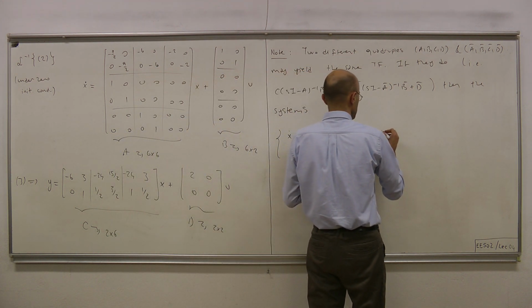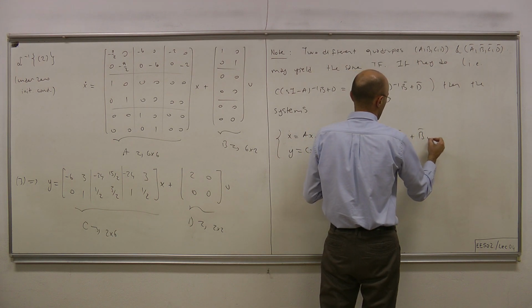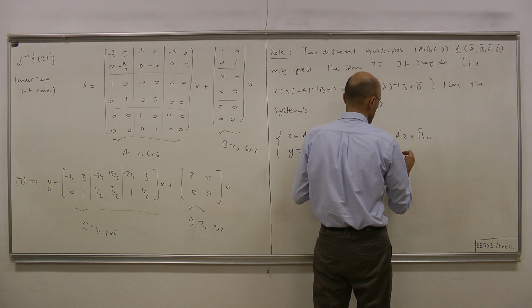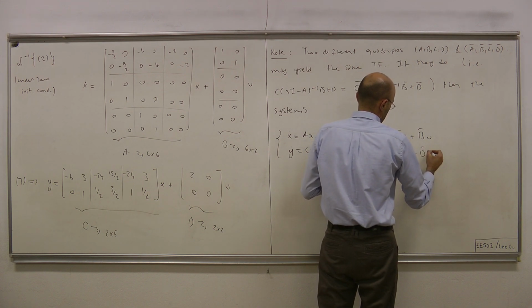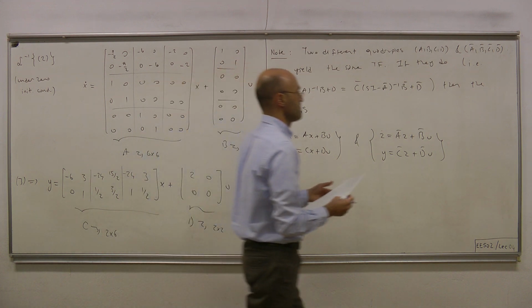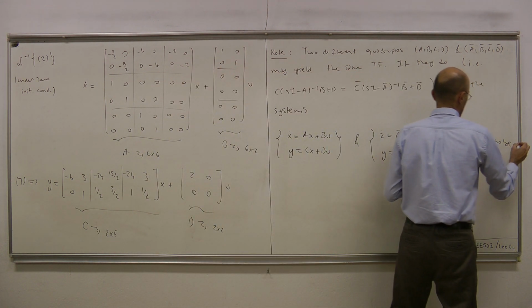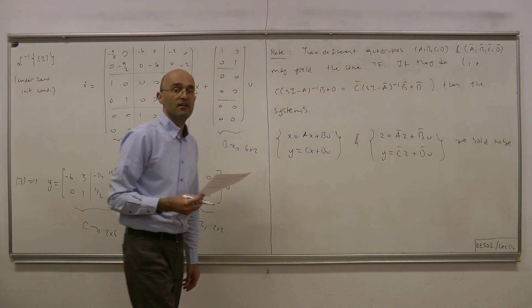Let's call it z dot equals A bar z plus B bar u and y equals C bar z plus D bar u. Okay. Are said to be zero-state equivalent.